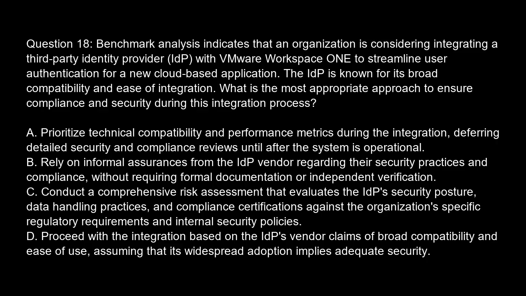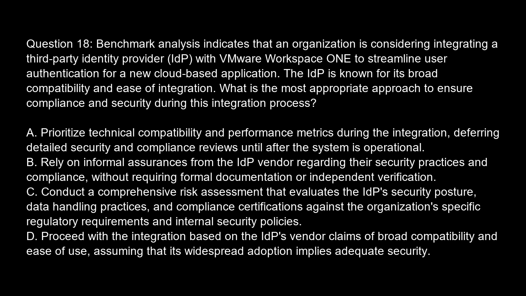Option A. Prioritize technical compatibility and performance metrics during the integration, deferring detailed security and compliance reviews until after the system is operational. Option B. Rely on informal assurances from the IDP vendor regarding their security practices and compliance, without requiring formal documentation or independent verification.